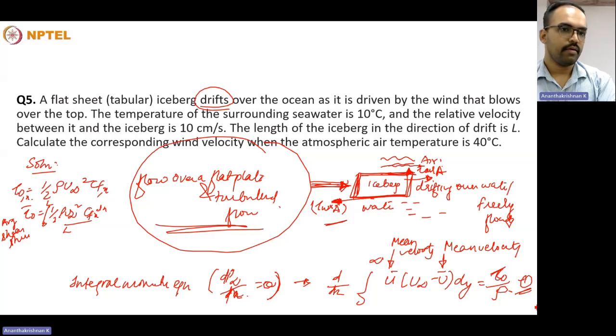So the air will be at a higher velocity, therefore the shear stress on the bottom will be counteracting in a direction opposite to the shear stress on the top. Though the shear stress on the top side is actually pushing the iceberg in the forward direction, it will be acted on in an opposite direction by the fluid at the bottom that will be at a lower velocity. It's a case of relative velocities.